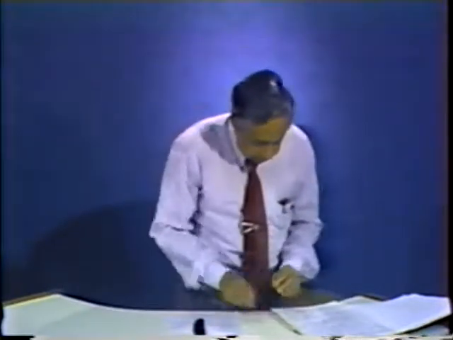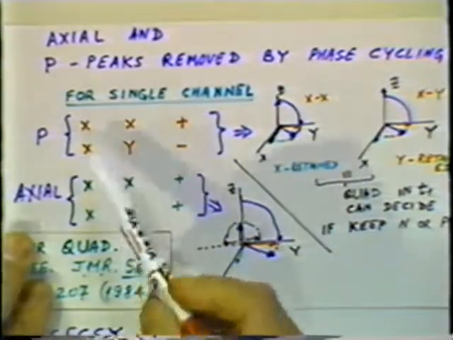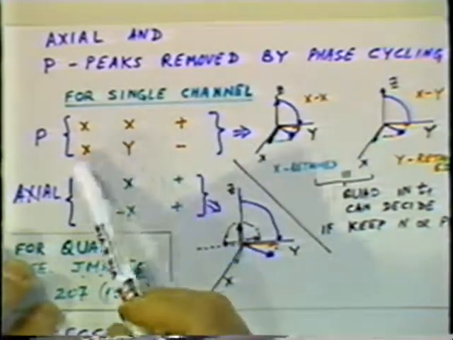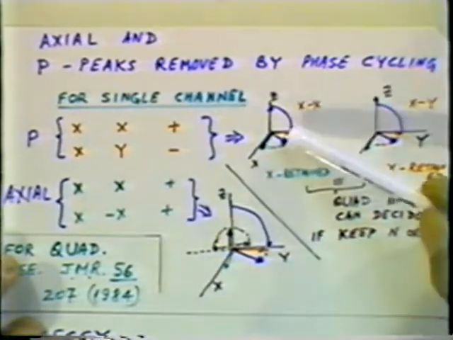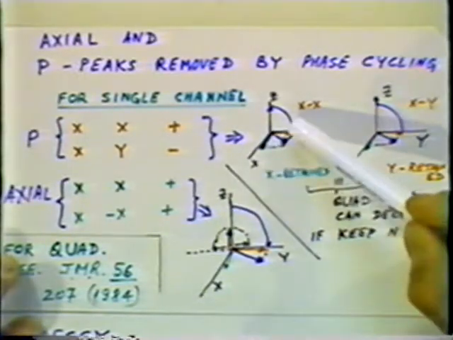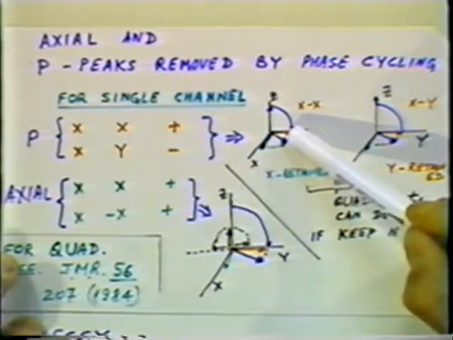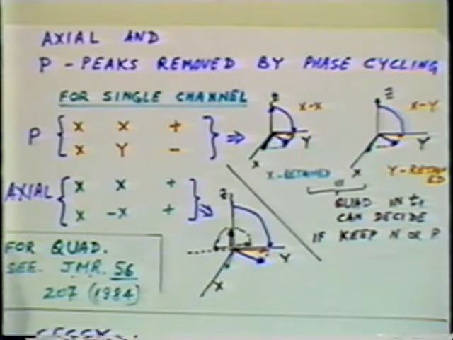The phase cycling, of course, we are going to read about in greater detail later, but simple things can be seen. For example, we do two experiments with x, x plus and x, y minus. Then, as I mentioned before, it's like detecting two components of the signal in the x and y components, and we can decide whether we want to keep the magnetization which is going the negative way or the positive way.